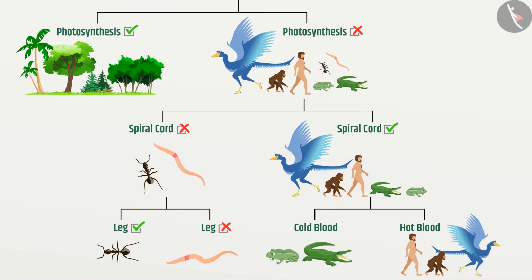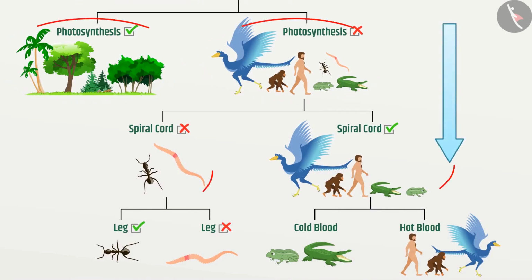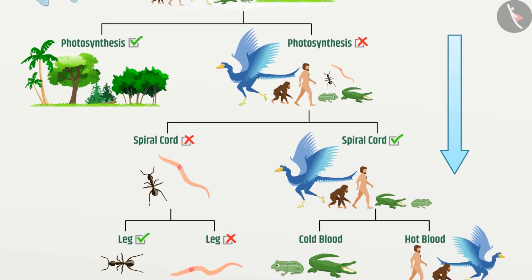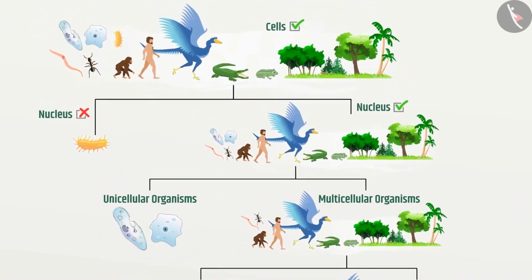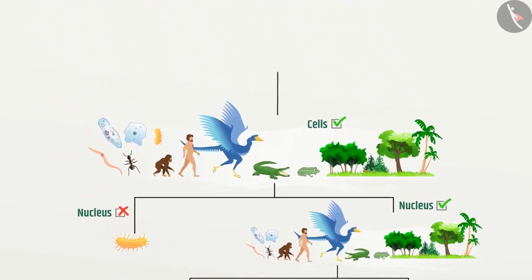Thus, here you can see development of a hierarchy where similar organisms are placed in a group. This hierarchy will take us to a situation where we will know that life has originated from abiotic substances.